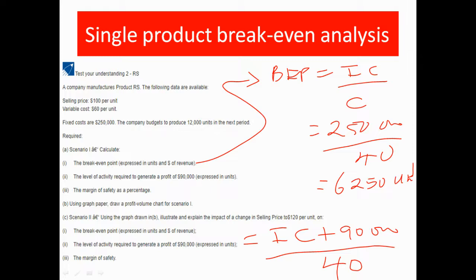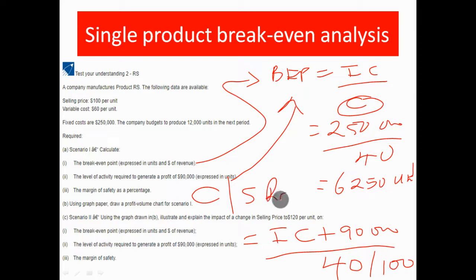This expresses the level of activity in units. If we are required to express the level of activity in dollars, then we divide by the contribution to sales ratio, which is 40/100. The same applies with the break-even point. If you are required to calculate it in dollars, then instead of dividing by the contribution, we divide by the contribution to sales ratio. That is basically it.